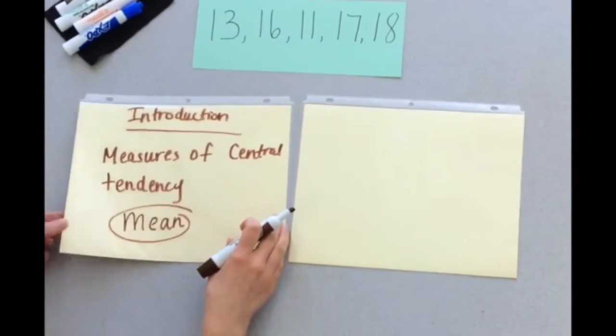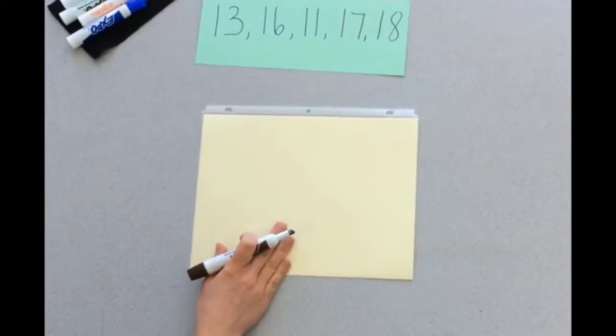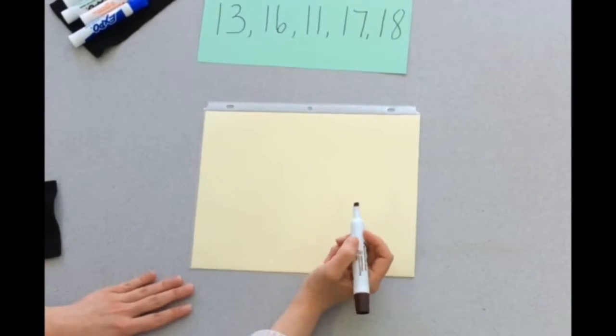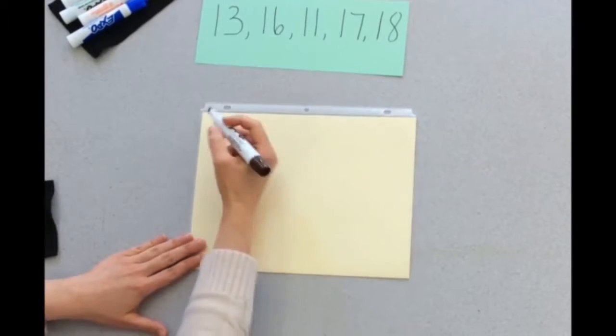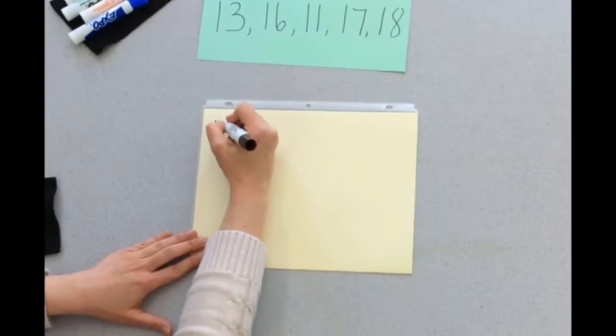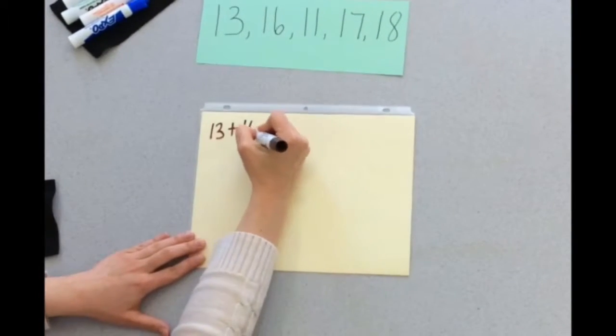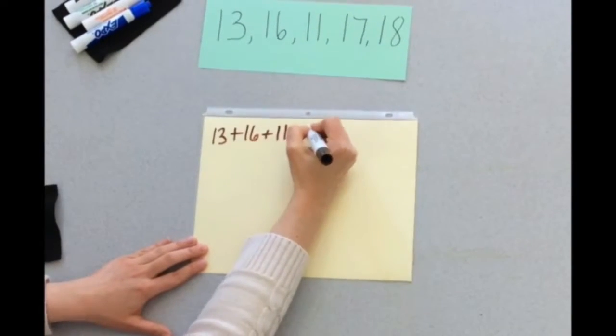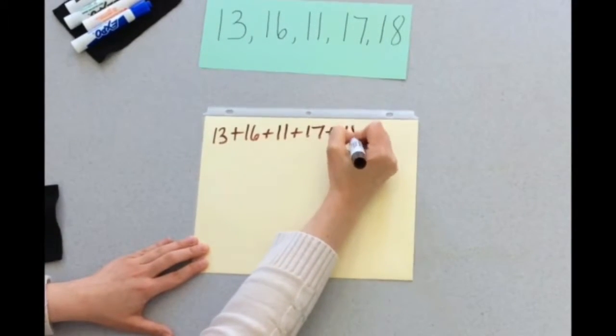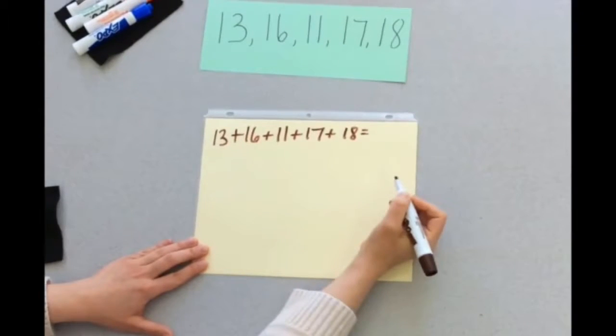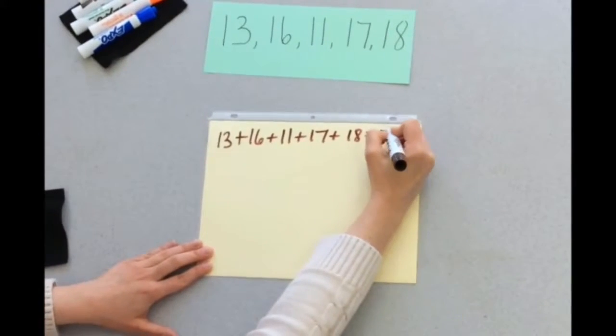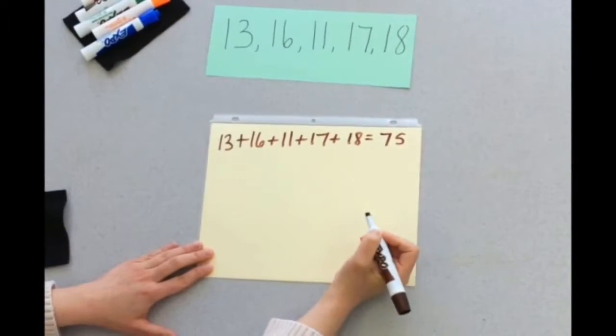To determine the mean, all we have to do is add up the points and then divide by the number of games she played. So we have 13 plus 16 plus 11 plus 17 plus 18. If we add all these numbers together, our sum is 75.